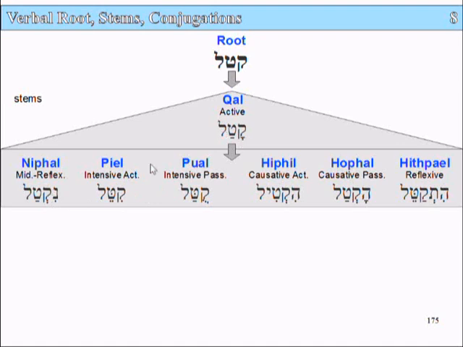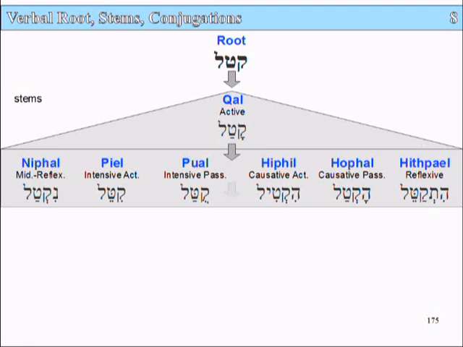So instead of katal we get niktal, kittal, kutal, hiktil, haktal, hitkatal. He killed himself, and so forth. Won't go through all of those again. So we have 6 stems from the kal stem, so 7 stems in total.